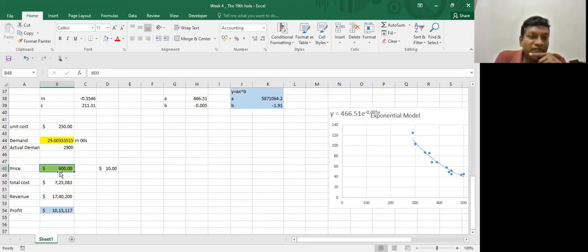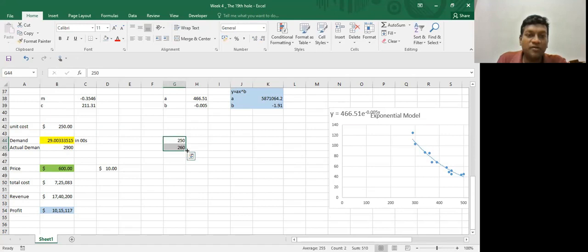Okay, so we're trying to vary the price all the way from $250, then $260, because 250 is your cost price, so you can't sell below your cost price. This is your unit price, you can't sell below that. Increment of 10, 260.